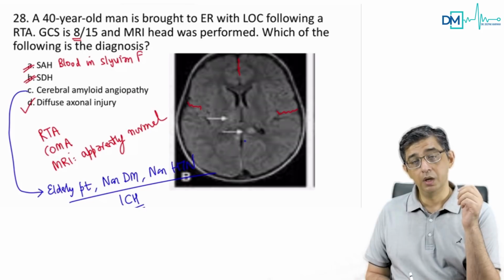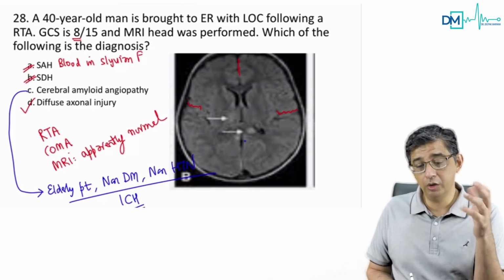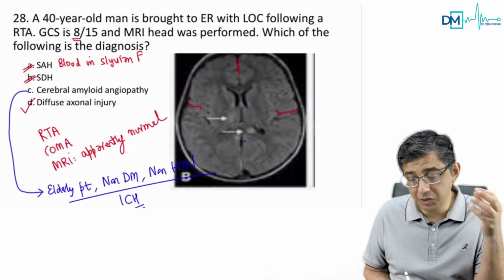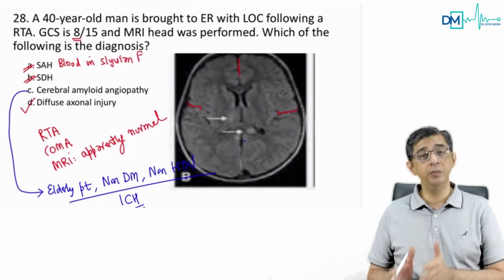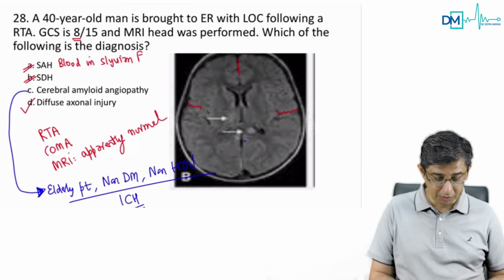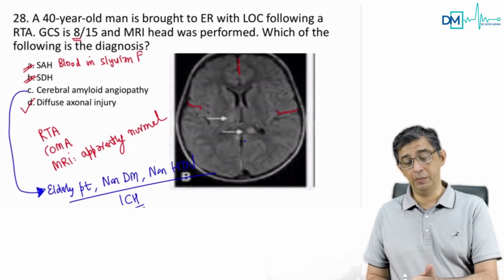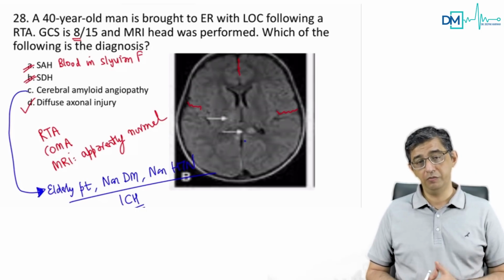What is the cause? In old age, the brain blood vessels become weak because there is amyloid deposition, protein deposition in the blood vessels. That is cerebral amyloid angiopathy. So CAA is encountered in old patients who have no risk factors like diabetes and hypertension and still have a brain hemorrhage. The correct answer to this would be diffuse axonal injury.